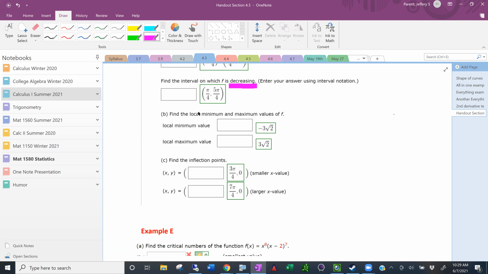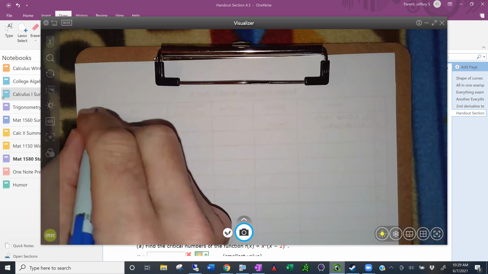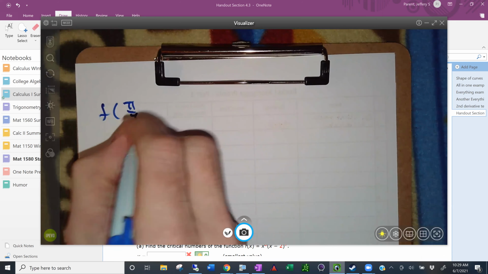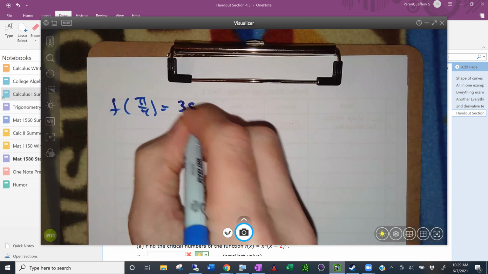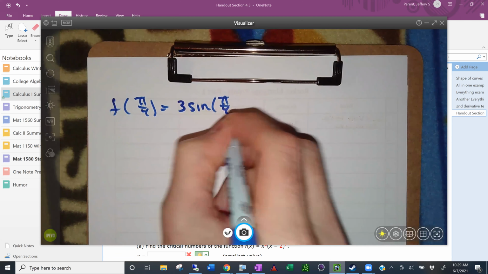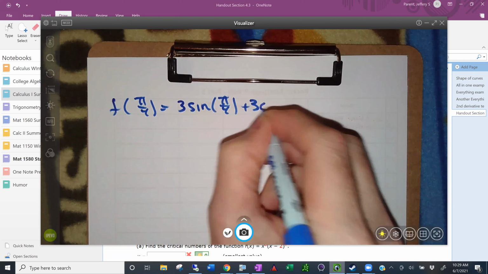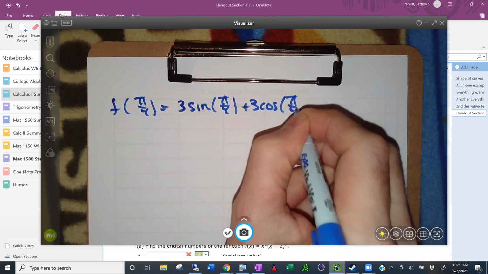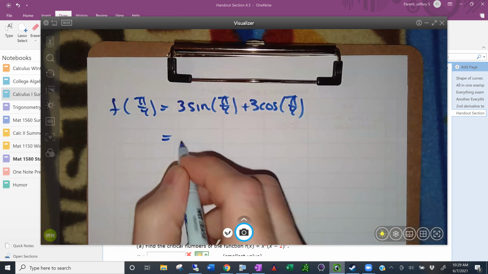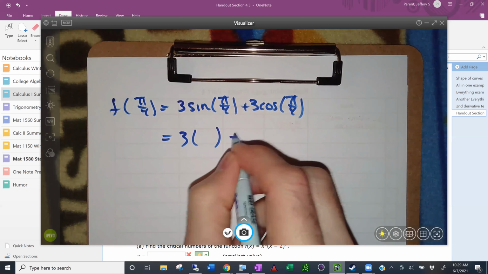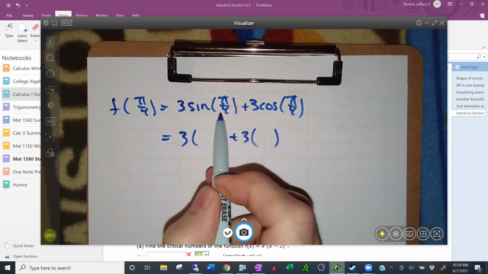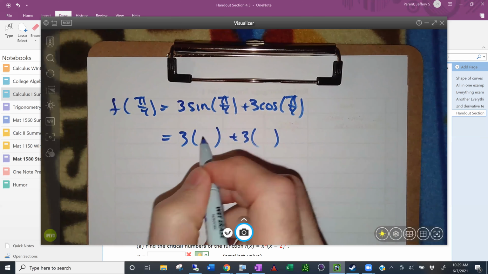So f of pi over 4 would be 3 times the sine of pi over 4 plus 3 times the cosine of pi over 4. Now, the interesting thing is that both of these values are the same. Does anyone remember what the sine of pi over 4 is?